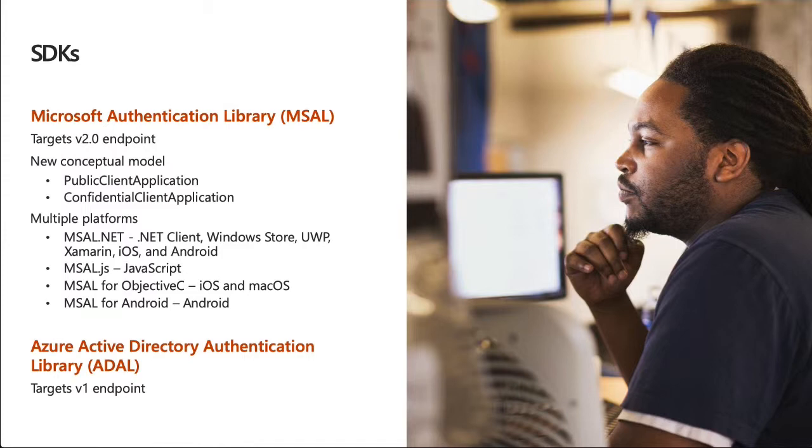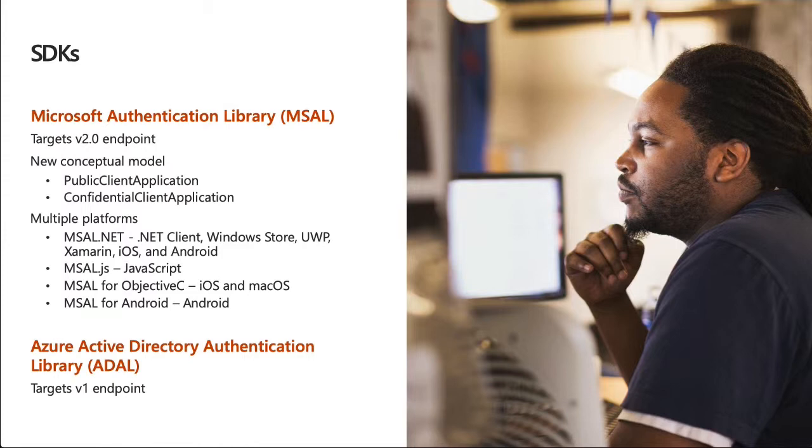It's got a new conceptual model of two different kinds of applications. One's called a public client app and one's called a confidential client app. A confidential client is one that runs in a web experience where you can put both the client ID and the secret in the application. Where a public client application is going to be more like a native app, where I'm not going to be able to provide the secret.